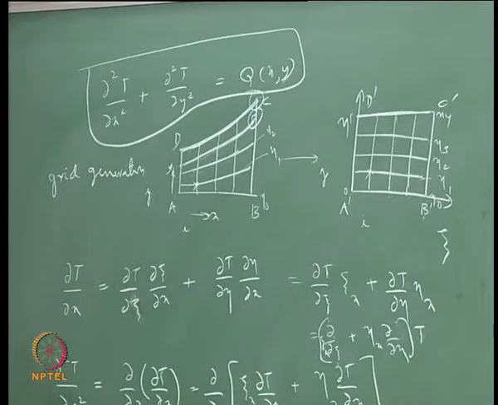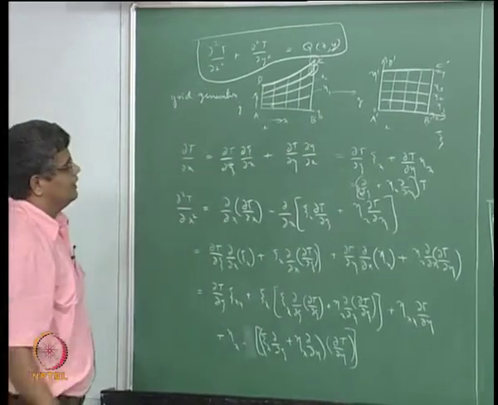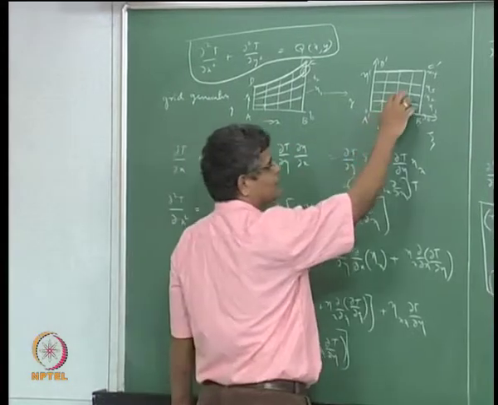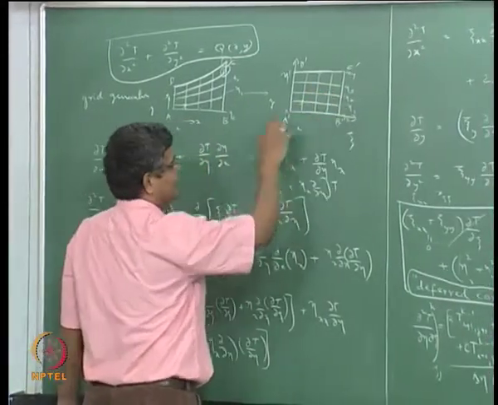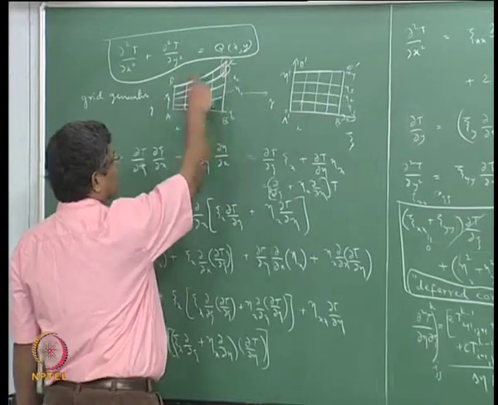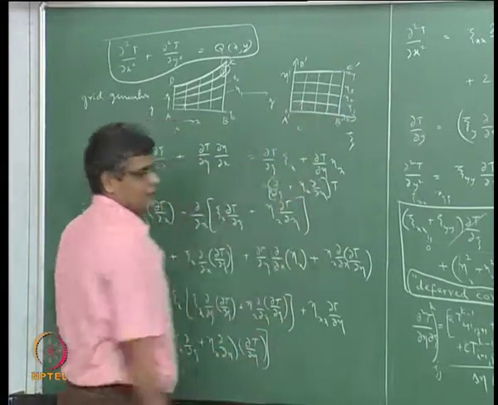So the objective of the grid generation is to identify all the interior points in the physical plane, given the interior points in the computational plane, and given the boundaries of the physical plane mapped to the boundaries of the computational plane.